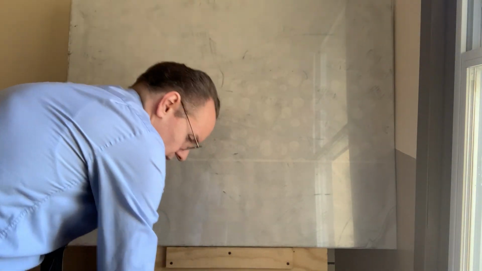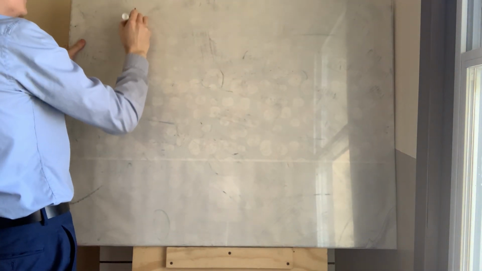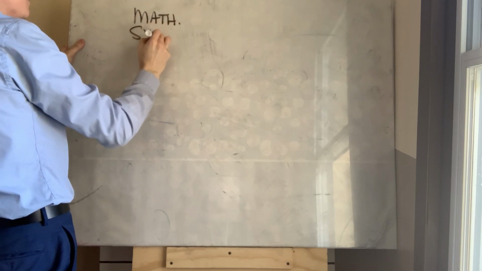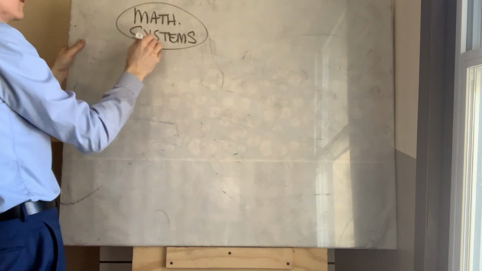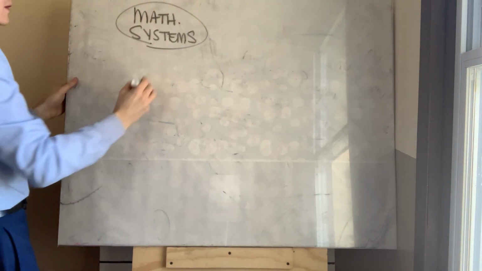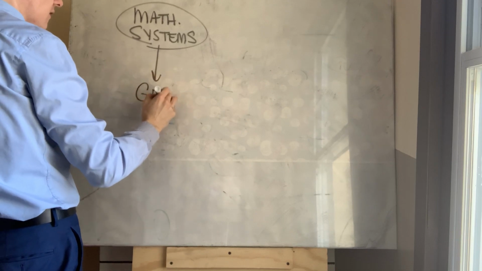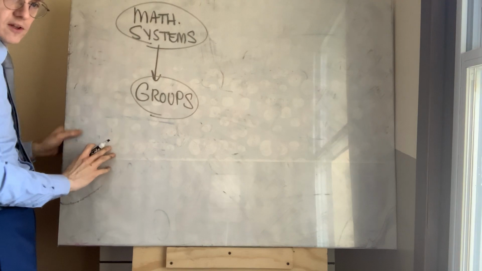Let me just summarize that one last bit I alluded to. We have mathematical systems: any set of elements and an operation. Then we have a slightly stricter criterion, which is that they can be groups. They meet those 4 criteria.